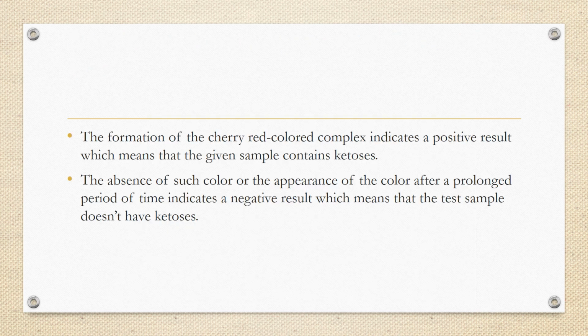The formation of the cherry red colored complex indicates a positive result, which means that the given sample contains ketose. The absence of such color, or the appearance of the color after a prolonged period of time, indicates a negative result, which means that the test sample does not have ketose, but it can have aldose.